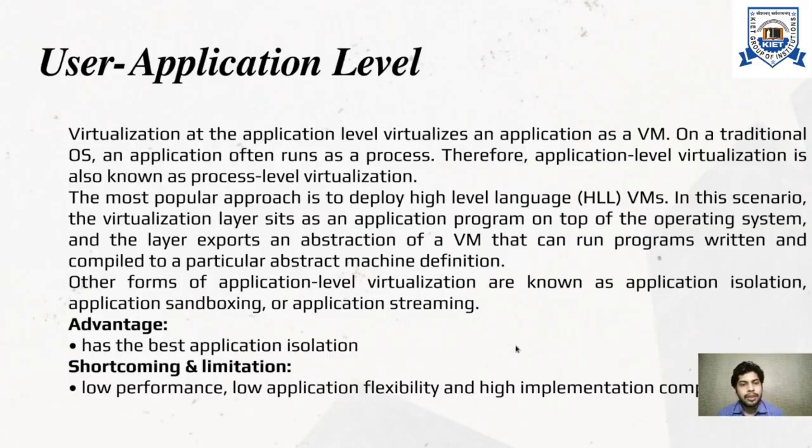In this scenario, the virtual layer sits as an application layer on top of the operating system, and the layer exports an abstraction of a virtual machine that can run programs written and compiled to a particular abstract machine definition. Other forms of application level virtualization are known as application isolation, application sandboxing, and application streaming.